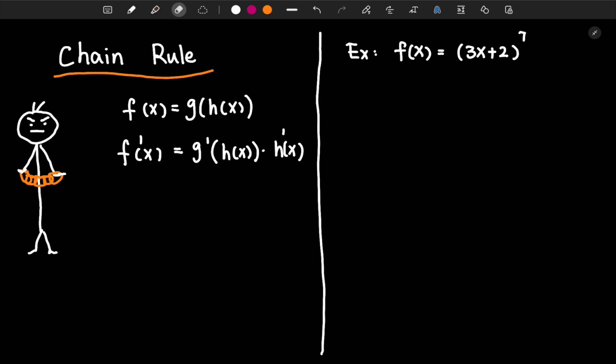Last but not least, we have the chain rule. So let's look at when we need to use the chain rule. We need to use the chain rule when we have a composite function, in other words, a function inside of another function. So in this expression, our h of x is the inside function.